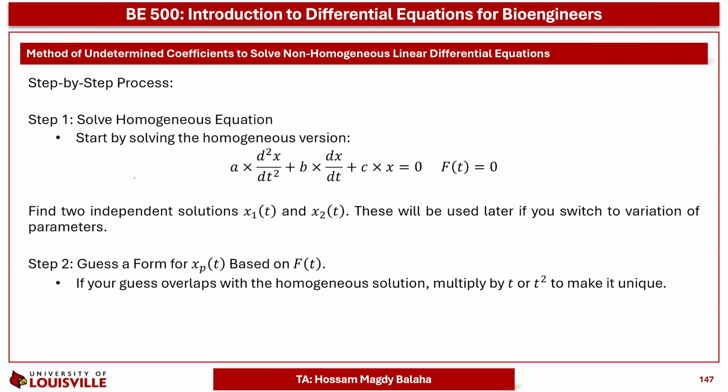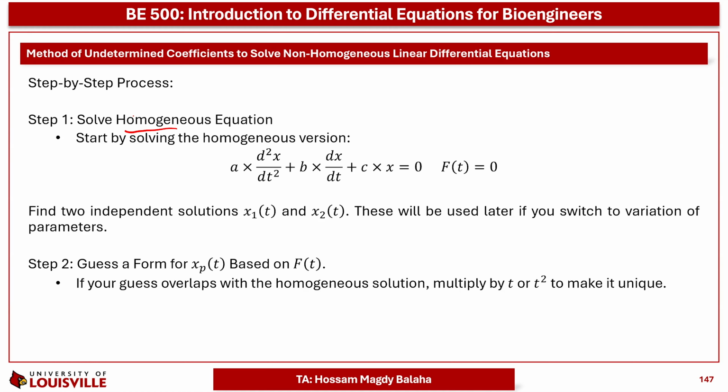Now, we can summarize the steps for the method of undetermined coefficients. First, find the homogeneous equation and solve it. Then, for step 2, for the particular solution, guess a form for xp of t based on the given function and solve it. Step 3, combine both of them together to find the general solution.